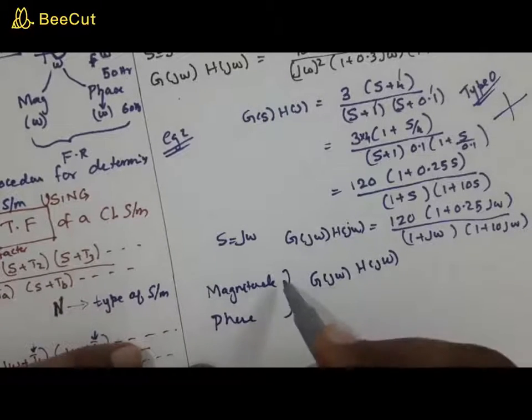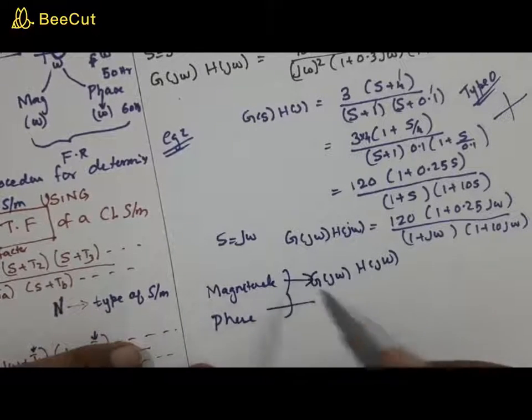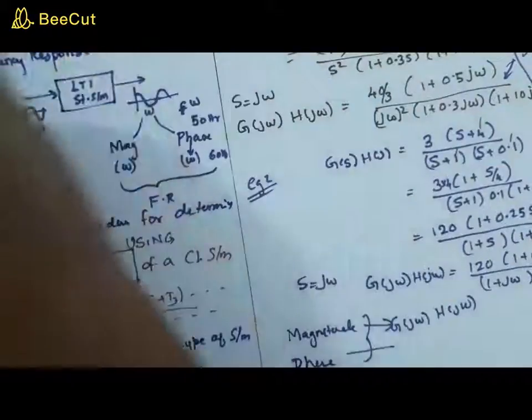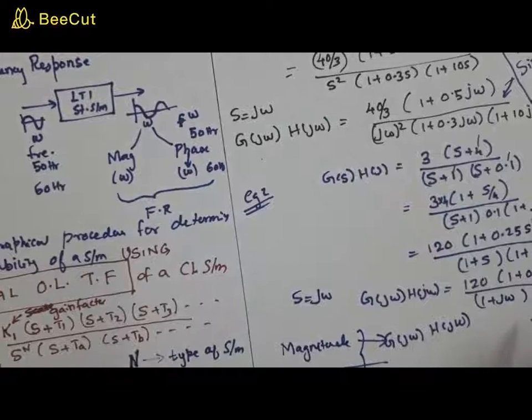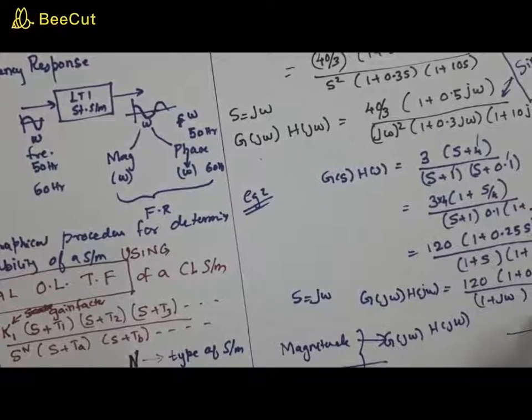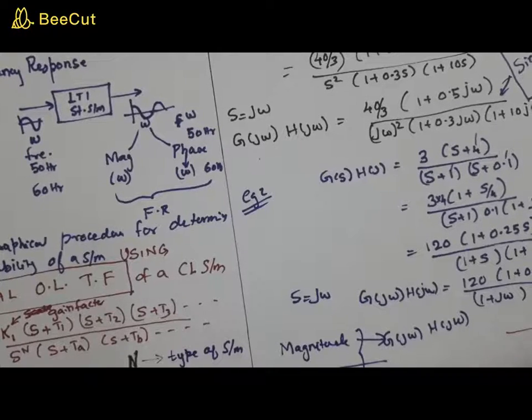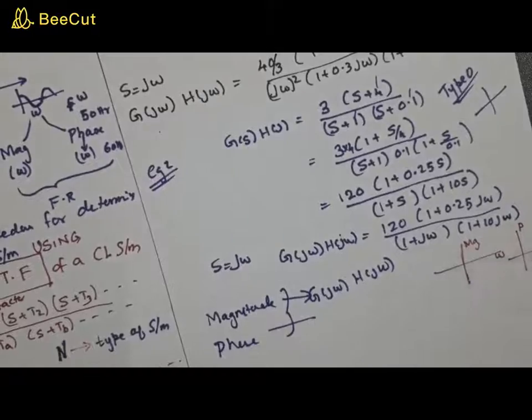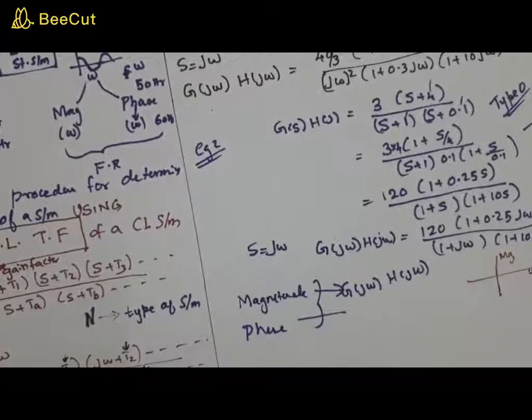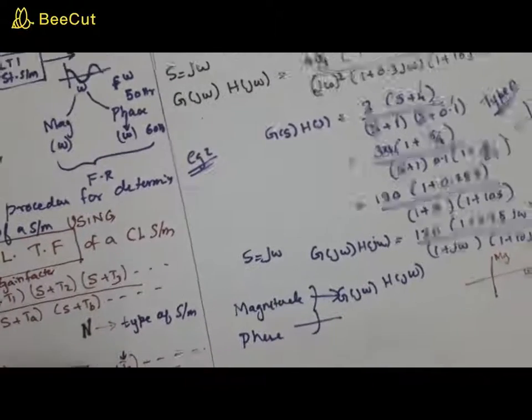That means both this magnitude and phase is going to vary with omega. So in that case, you can have a plot of magnitude versus omega. Similarly, you can have a plot of phase versus omega. So Bode plot is such a graphical approach.